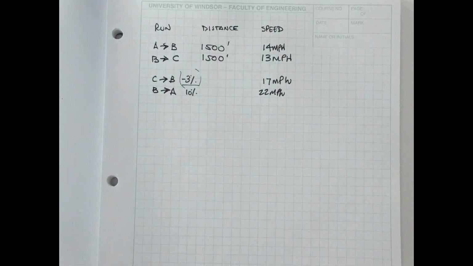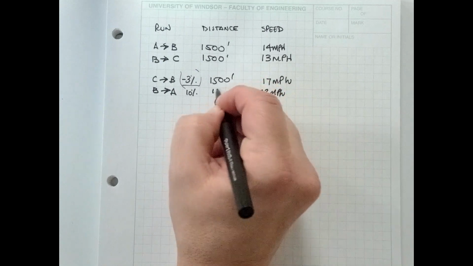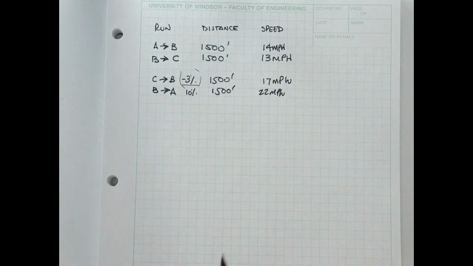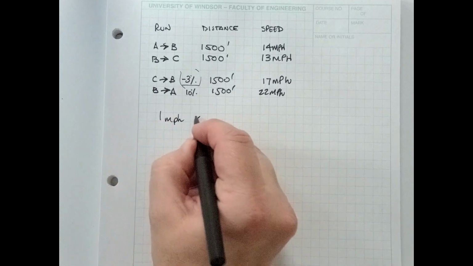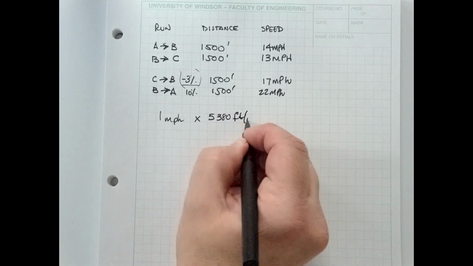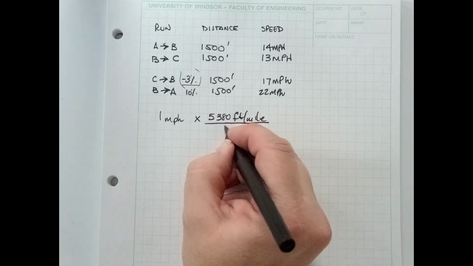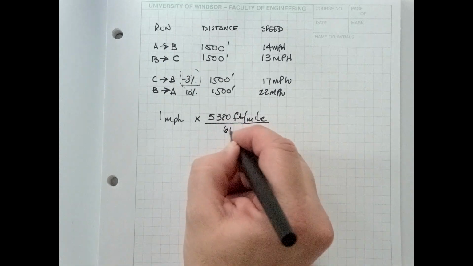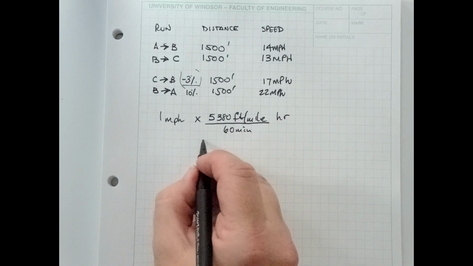And so we need to get an important conversion factor. The distances are still 1,500. And that important conversion factor is 1 mile per hour multiplied by 5,380 feet per mile, divided by 60 minutes in 1 hour.